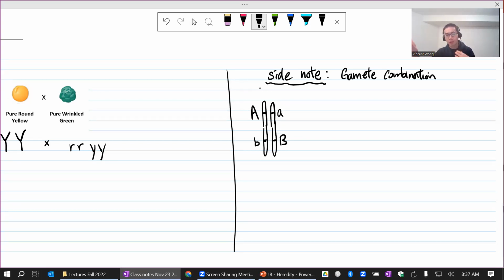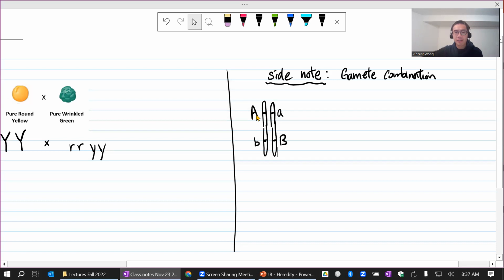It depends which sperm fertilized which egg when you were conceived, right? So the law of independent assortment states that whether you pass on the big A or the small a into the gamete has no effect on whether you pass on the big B or the small b.